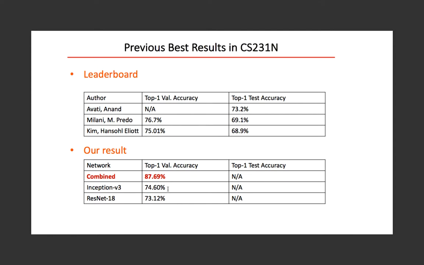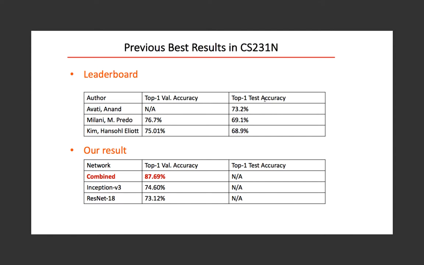The reason that we don't have test accuracy is because there are no correct answers for the test images in the Tiny ImageNet dataset. The way that we can get test accuracy is to submit our result to the CS231 course website, and it will give us the test accuracy.